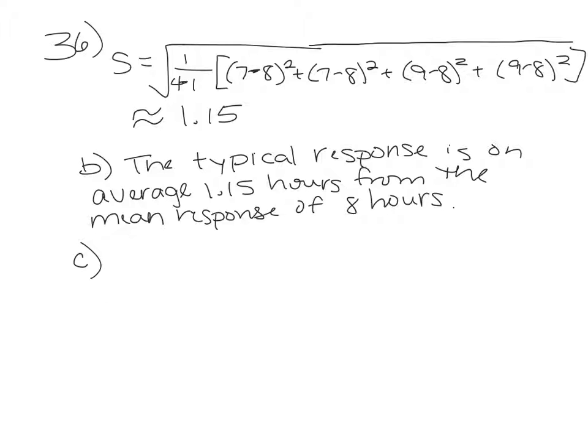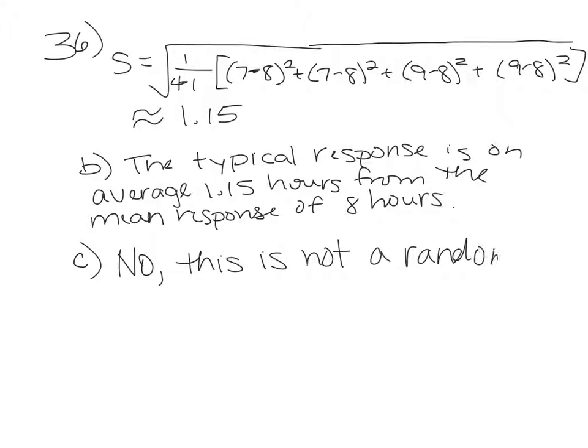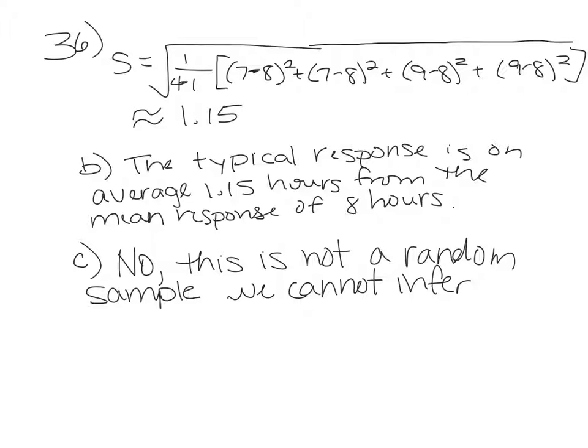So it's not safe to conclude or infer that to the population of the classroom because you did not get a random sample. So the answer is no. This is not a random sample. We cannot infer on the population. So remember, we talked about that at the end of chapter 4.